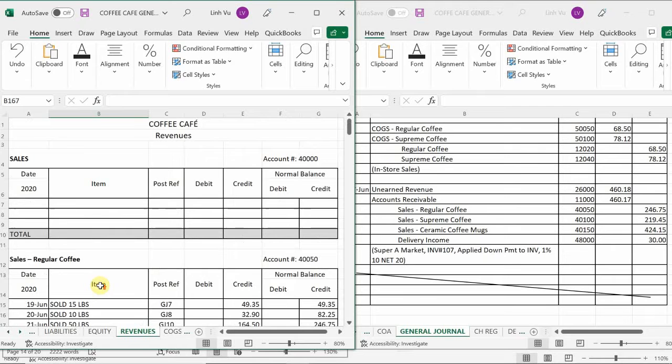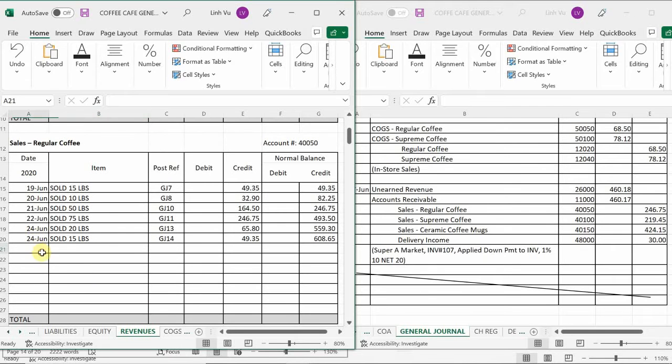Sales for the regular coffee. We sold 75 pounds. Okay, that'll be 246.75. That's going to give me a total of 855.40.